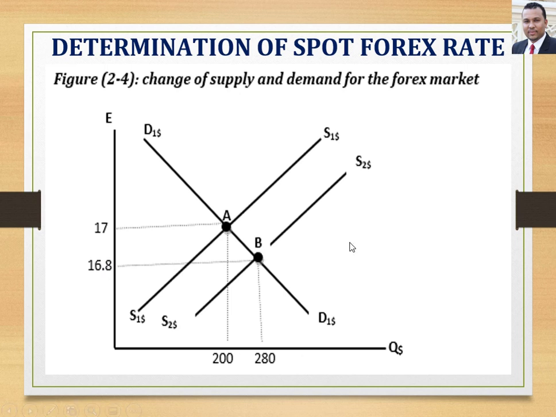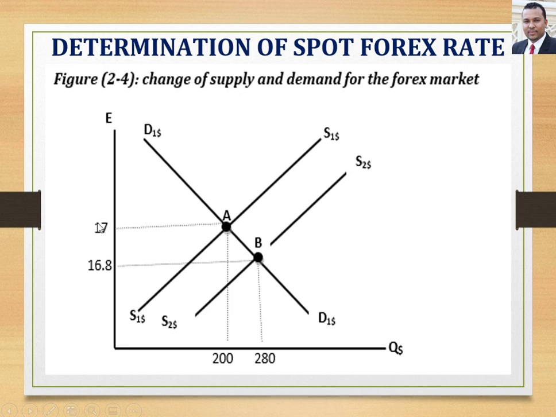So when the international revenue increased due to increasing exports of goods, exports of services, imports of capital, short run, long run, anyway, it leads to a shift of the supply of US dollar to the right from S1 to S2.